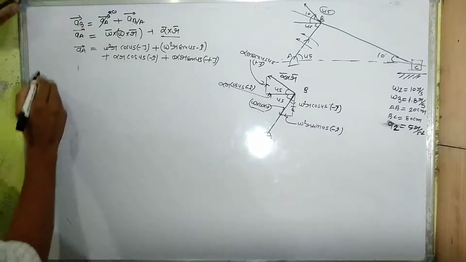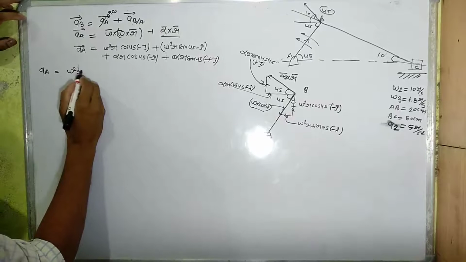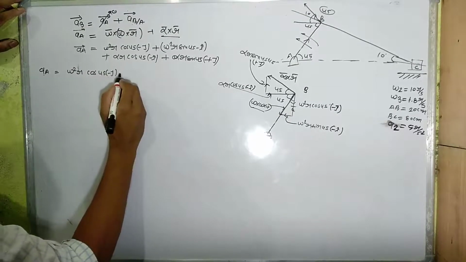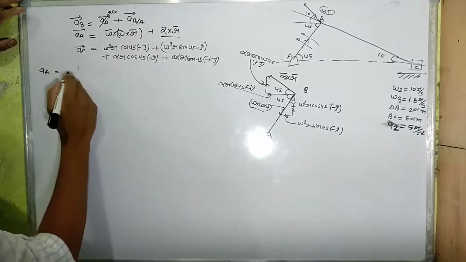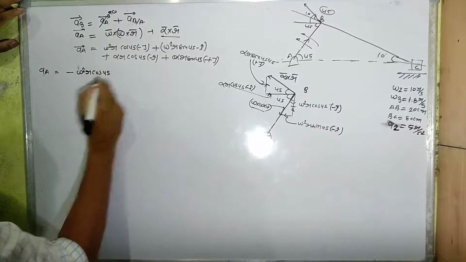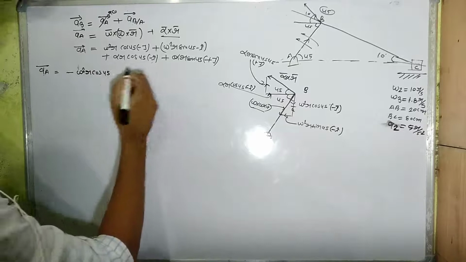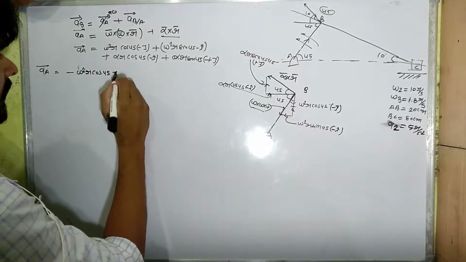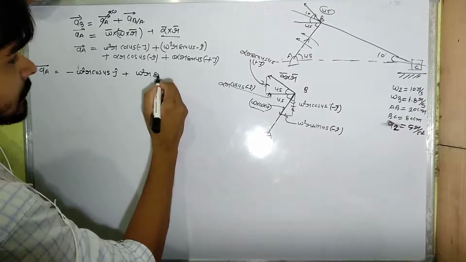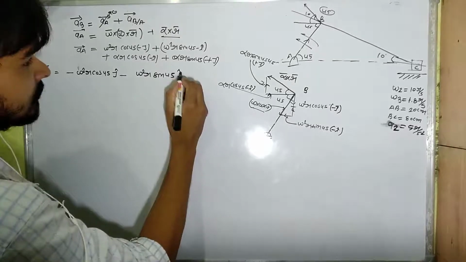Okay, so you got the acceleration of A equal to omega square r cos of 45 minus j cap, or you can write it like that, minus omega square r cos of 45 j cap plus omega square r sin of 45 I cap.